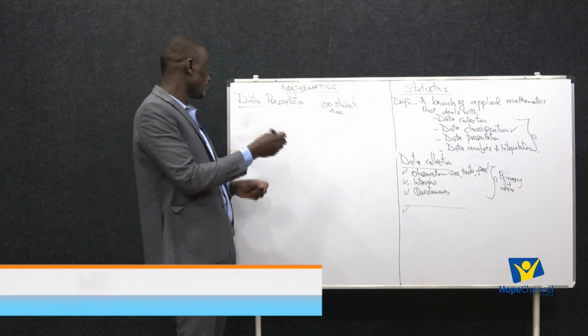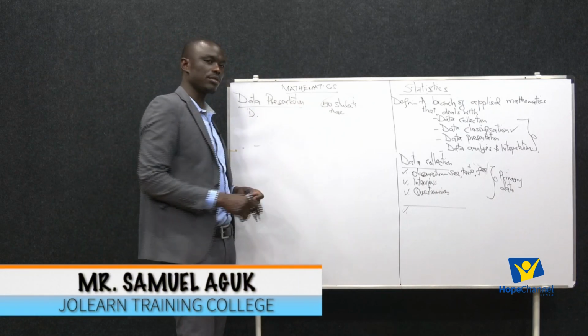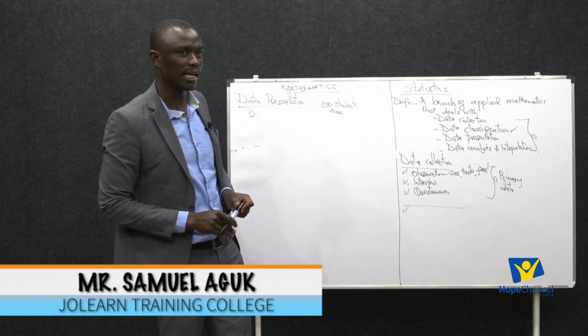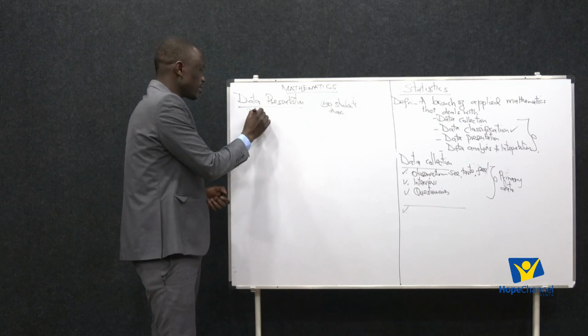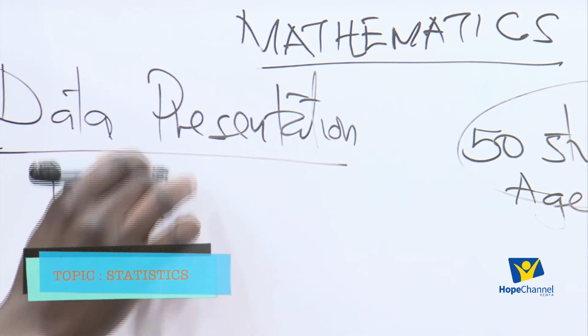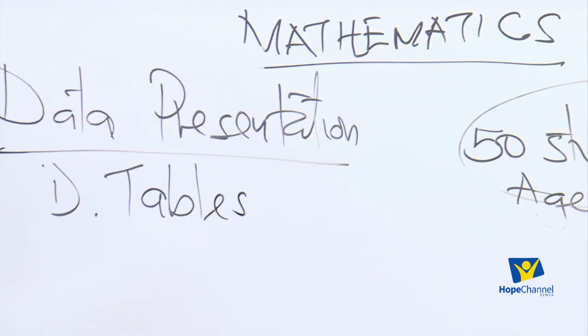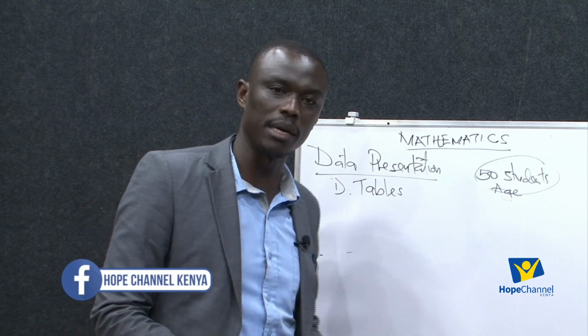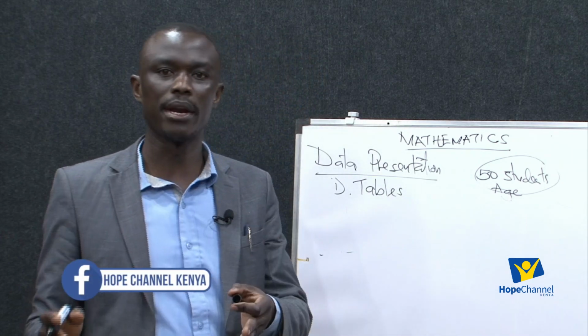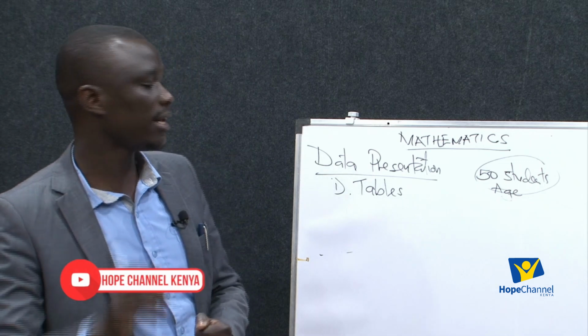One of the methods of presenting data is the use of tables. So data can be presented using tables. You can draw a table, then you make a summary of this particular data.